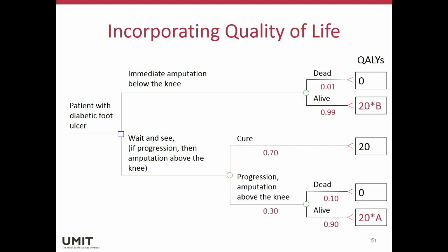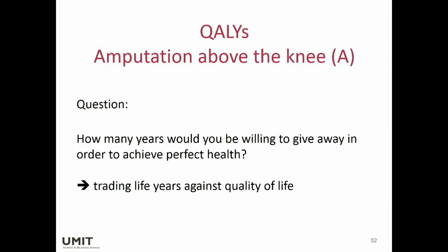So the next question is, how do we get these amputations and these quality of life numbers? One rule is, when you elicit this from patients, you start with a more severe disease, because it's hard to get that with little difference. It's easier for patients to get that with big differences.